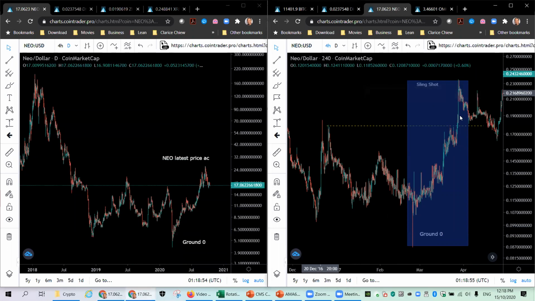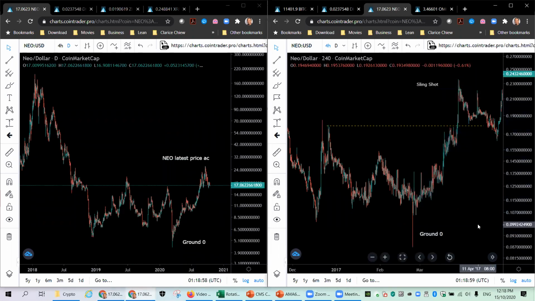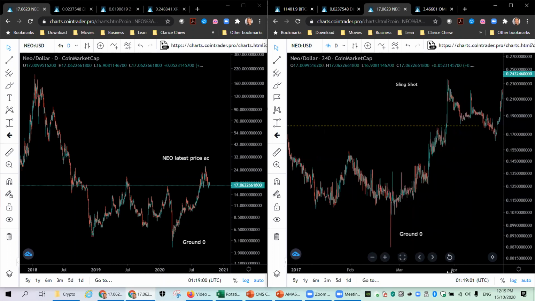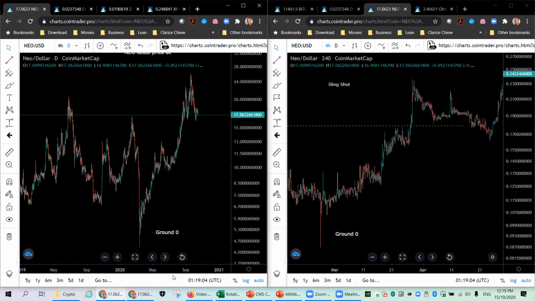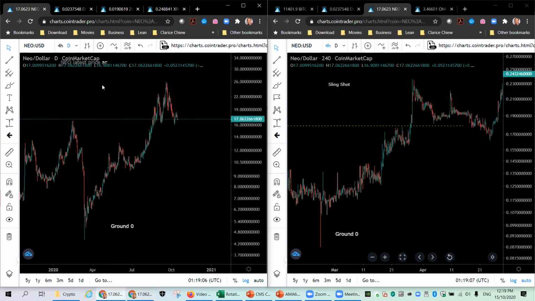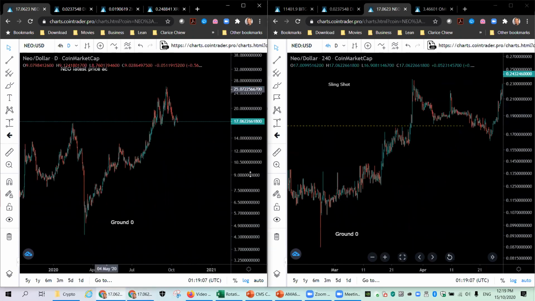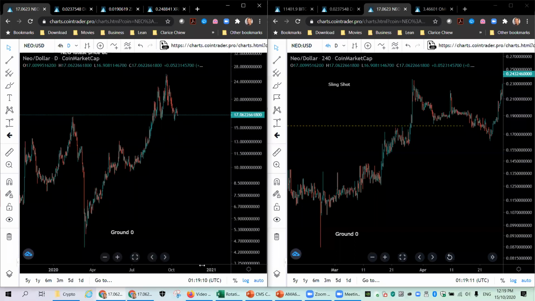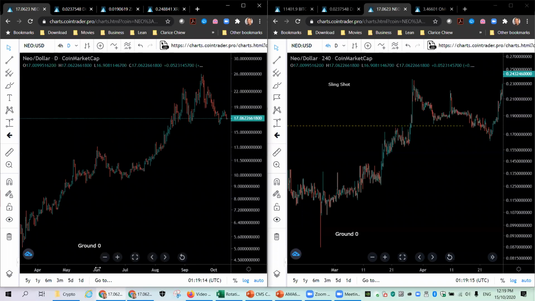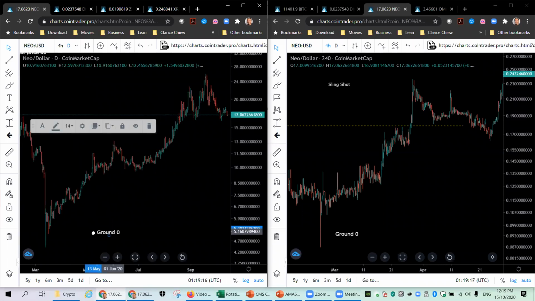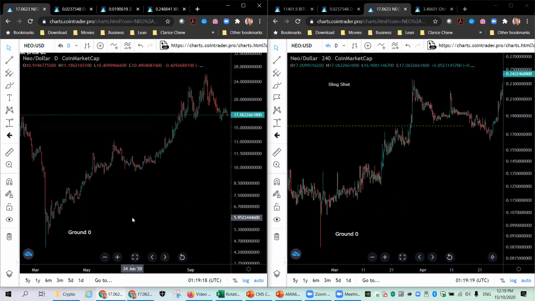So if we were to compare this fractal over here, all right, let's zoom in on ground zero. So that's that. Yeah, so this is where we are.